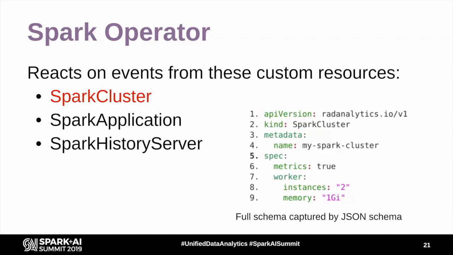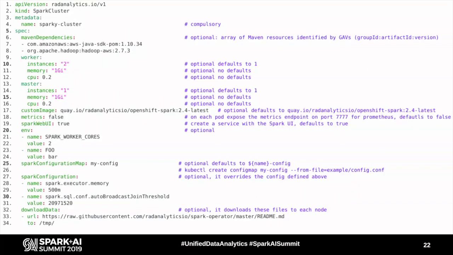Yeah, here. This is a very basic example where you have a worker in 2 instances with 1 gig of memory. And all the other values are taken from the default values. So it has 1 master. And yeah, there is some default image with container. And this is the more complex example where you can also see the default values.